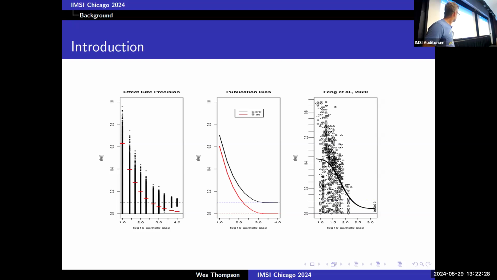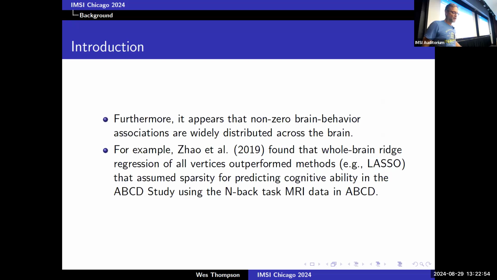The middle panel shows the bias as a function of sample size. The red line is the bias. By the time you get to something around 10,000, which is about the size of ABCD, the bias goes away essentially. And on the right side is basically a literature search where we looked at brain negative affect associations. You see a very similar pattern. It's not proof, but it demonstrates that perhaps that's partially what's going on.